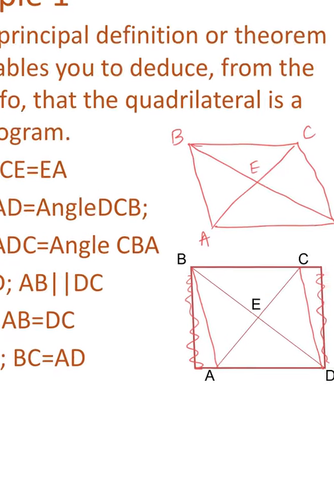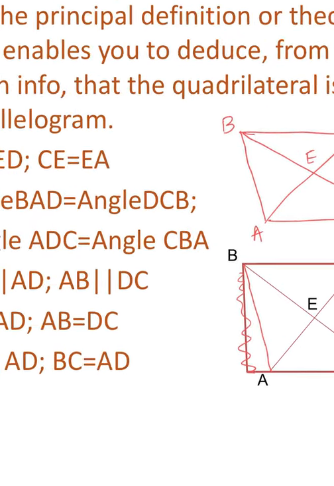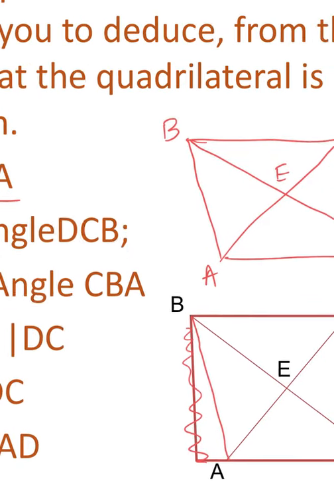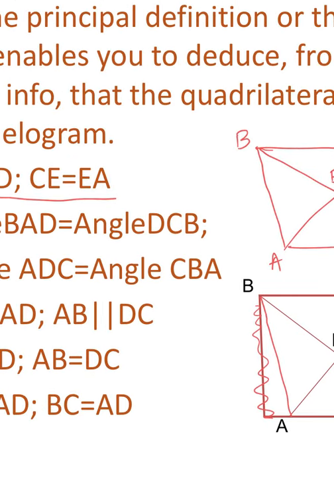Okay. So in number 1, it says BE is equal to ED. CE is equal to EA. What theorem could we use to prove that this quadrilateral is a parallelogram, based on the given information in number 1? The diagonals converse.